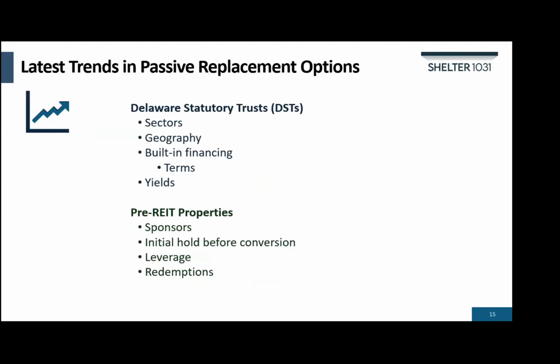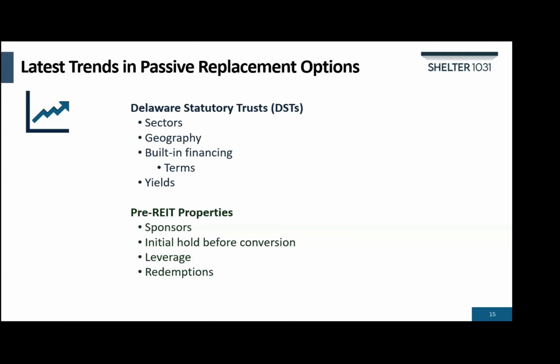Finally, I would like to touch on the latest trends in passive replacement options. Specifically, I'm talking about investment programs that are designed for folks who want to transition from actively operating their own property to passively investing in institutionally managed real estate. Delaware statutory trusts, known as DSTs, are the most popular type of program, and experts believe that roughly $7 billion of 1031 equity will be invested in DSTs this year.